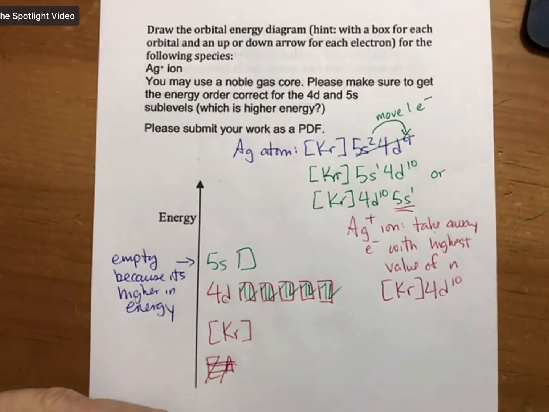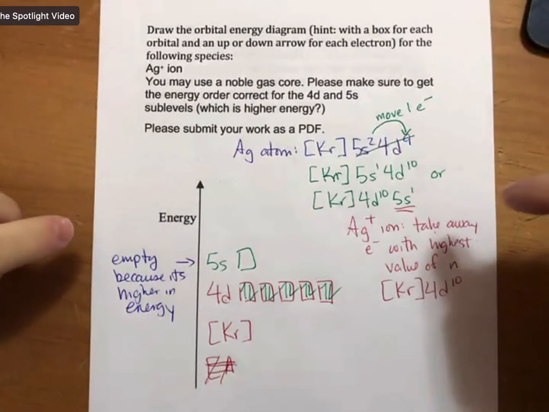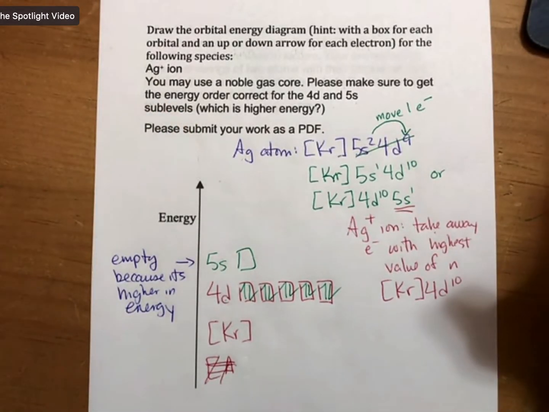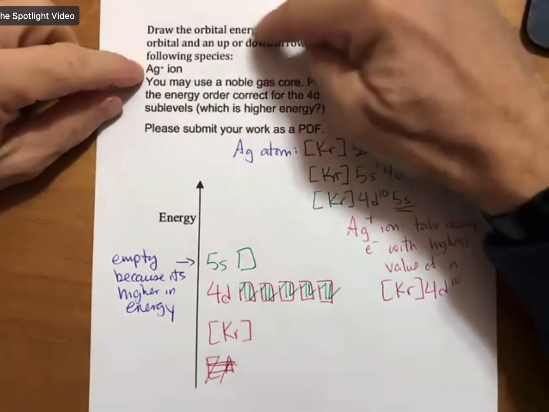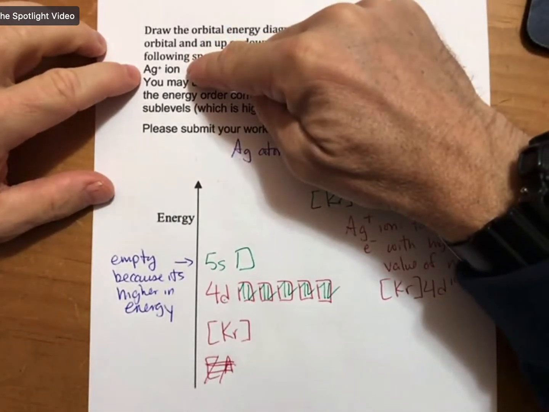Any questions about that? Prof, can you explain it again, please? Yes. So for this particular problem, we're building on all of the material we've done so far, which is in order to do this problem, you have to know what the electron configuration is for the silver ion.